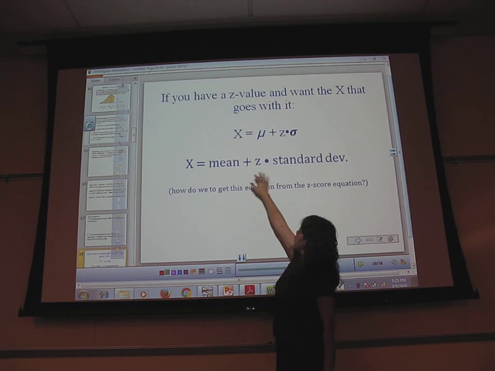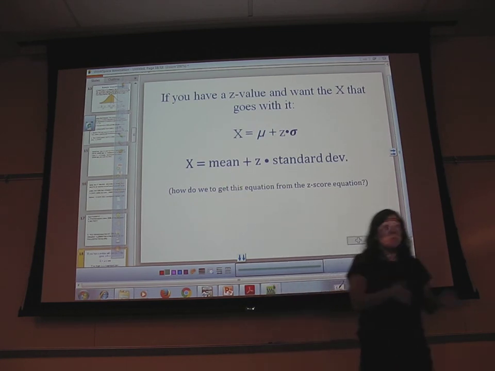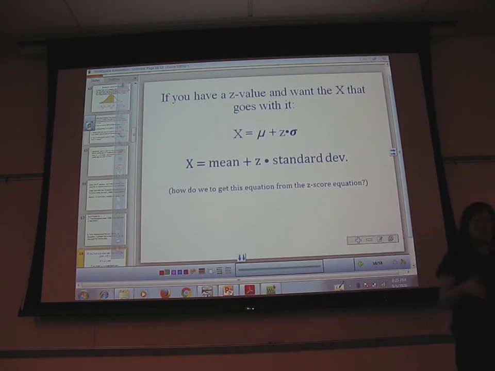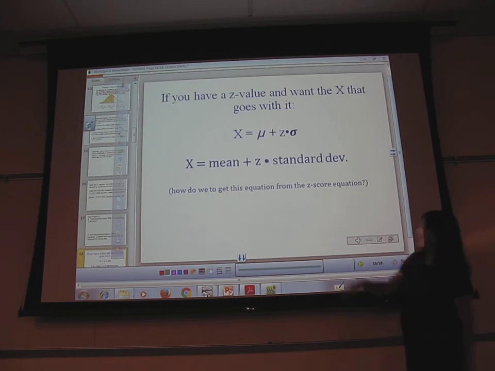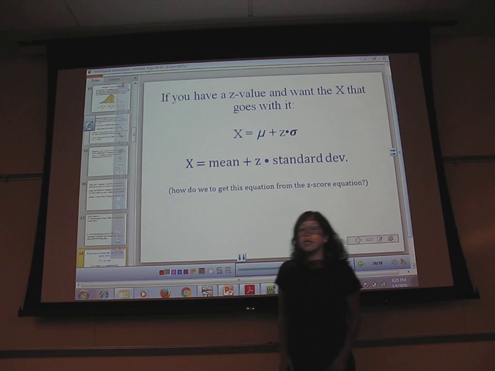How many standard deviations is it away from the mean? Start at the mean, and you're going to add that many standard deviations to get to your value. If I'm 3 standard deviations above the mean, then I'm going to start at the mean and add 3 standard deviations, right? So whatever your z-score is, that's how many standard deviations you're going to add to the mean. That's where that comes from.